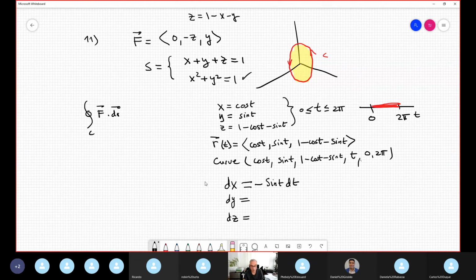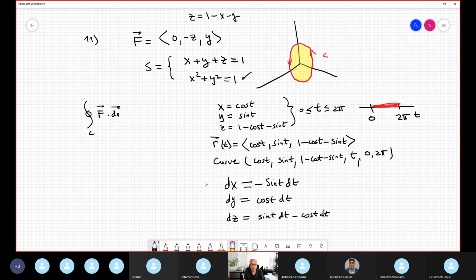Derivative sine es cosine. Derivative z, que derivative 1 es 0. Entonces derivative cosine es minus sine, entonces sin t dt, ¿no? And derivative sine es cosine, but we have a minus in the front, and cosine t.